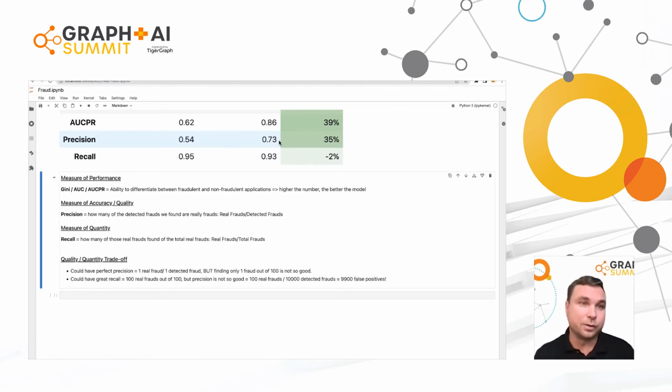So that's not actually a really good model. Similarly with recall, we could have great recall, as in we could catch 100 out of the 100. But if we also flag another 9,000 or so other applications as being fraudulent when they're not, that's a really poor performing model. And so we can see here that by incorporating the graph features, it's a fair trade-off between a massive increase in precision versus a slight decrease in recall, and to produce an overall much more effective model.